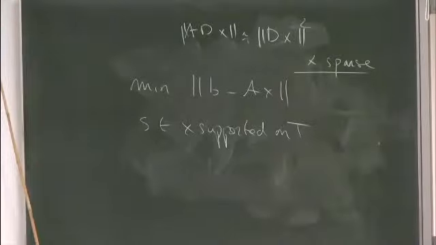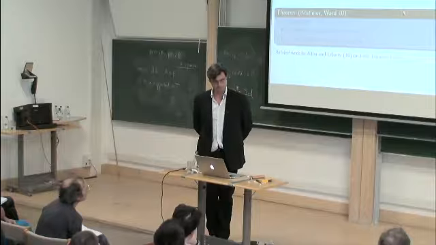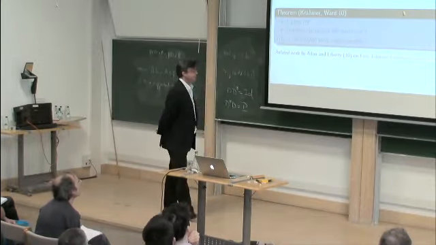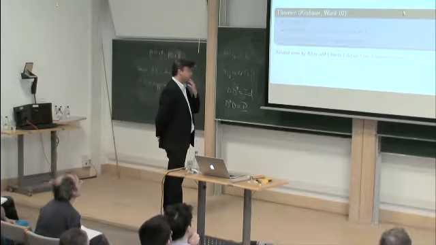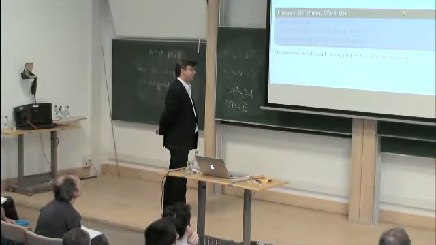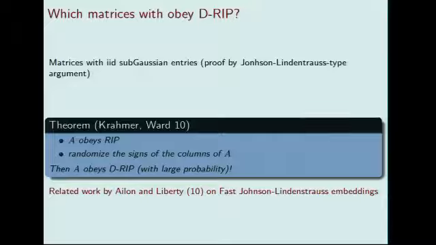Okay, so the work of Felix and Rachel overlaps significantly with work that has been going on, very exciting work led by Nir Ailon from the Technion and Edo Liberty. So we've known in geometric functional analysis this wonderful result called the Johnson-Lindenstrauss embedding theorem.